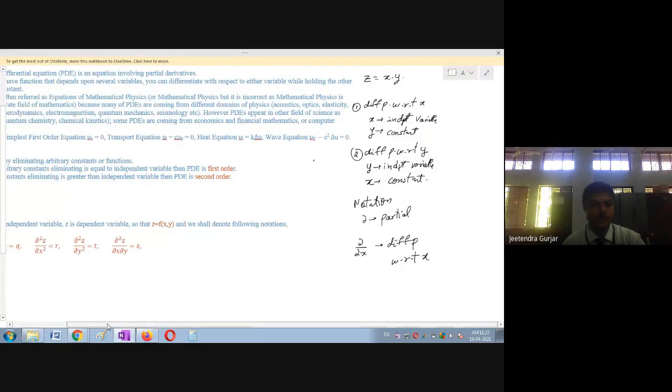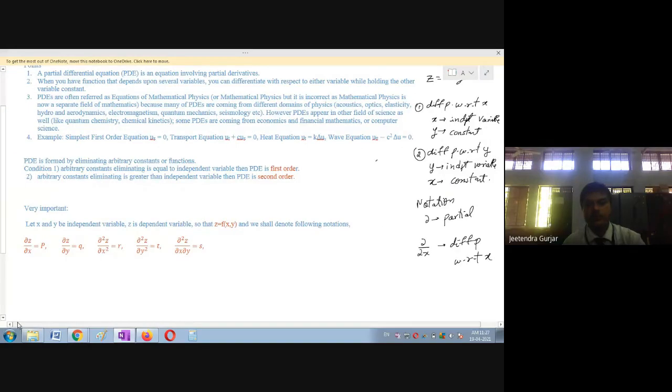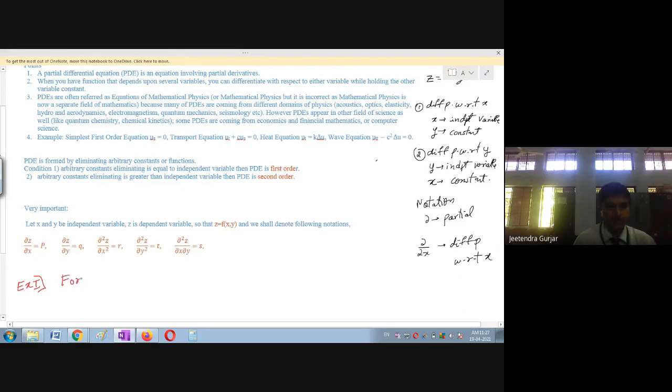So let us see. We'll take today's first class, first semester's first class, the first example we are going to start, right? Everyone please write it down. Example 1. What it says: form the PDE. What is PDE?